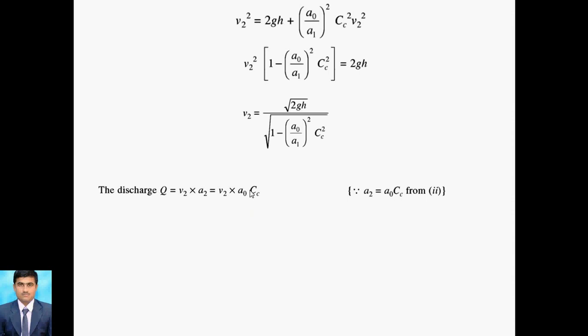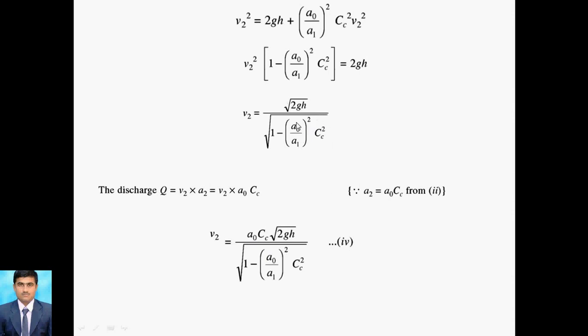So after putting this value of V2, actually we have to put the value in equation number 4. Here I consider that the value is Cc square. So Cc square is on that side.